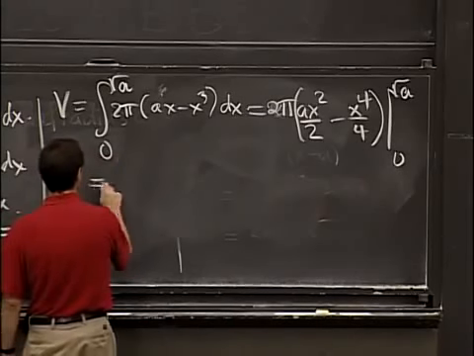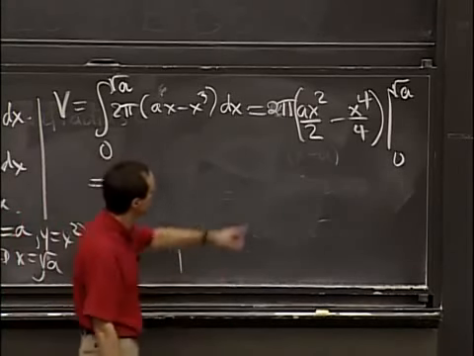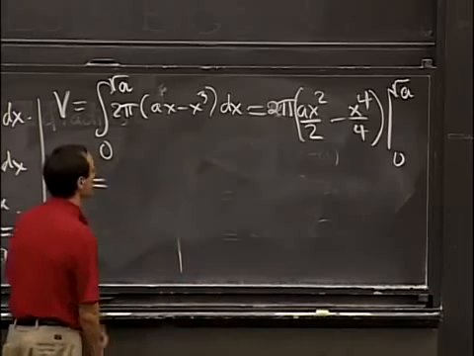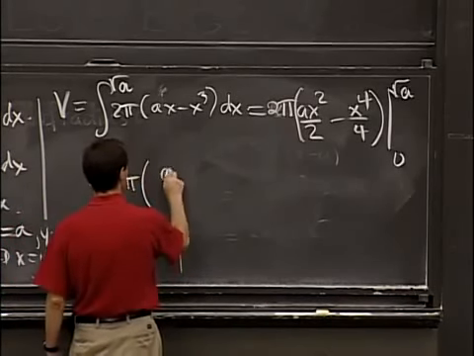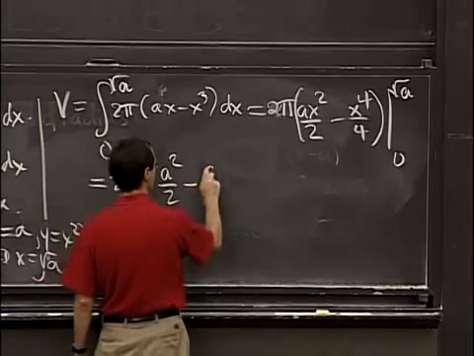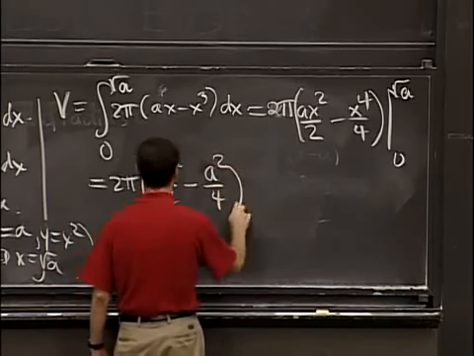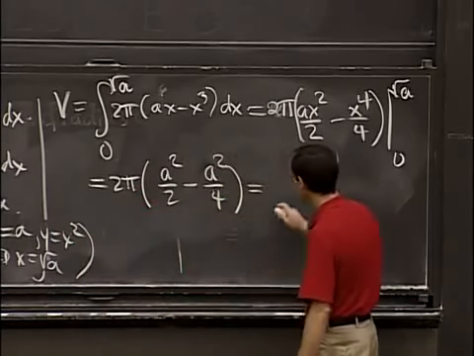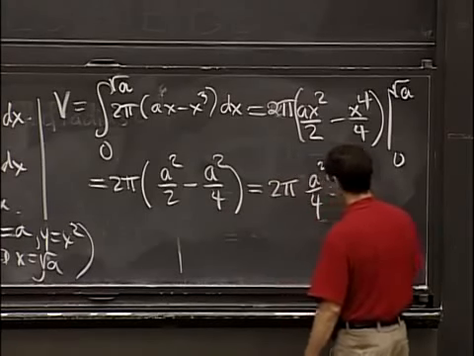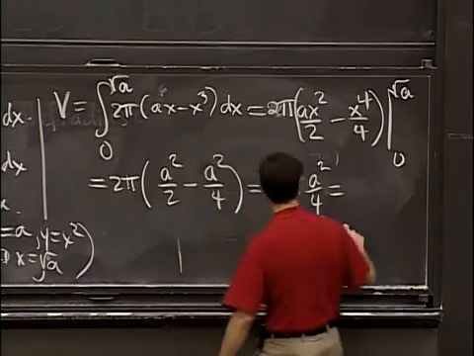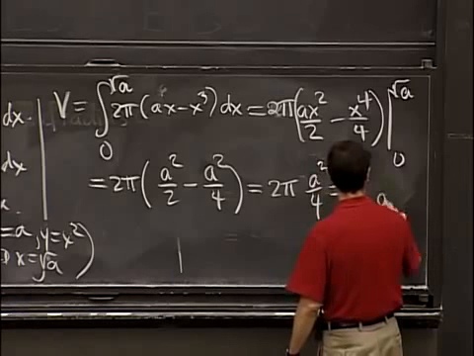And finally, let's see, what is that? That's 2 pi times a squared over 2 minus a squared over 4, which is a total of a squared over 4, right? 2 pi times a squared over 4, which is pi over 2 a squared.